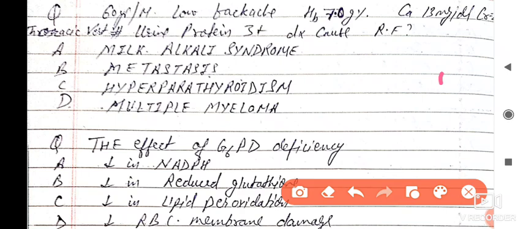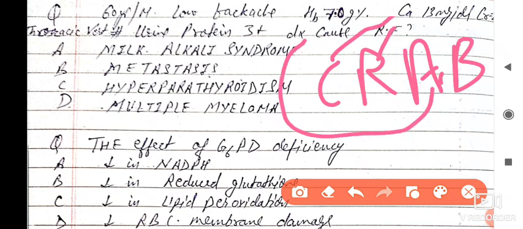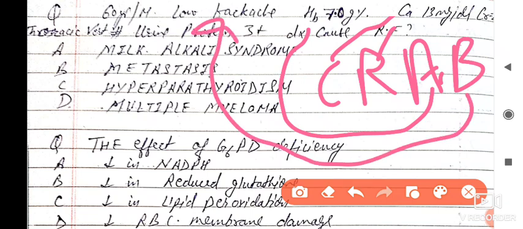So guys, this is absolutely a sign of CRAB. What is CRAB? C for hypercalcemia, so 13; R for renal failure; A for anemia, hemoglobin 7; and B for bone pain or backache, and here vertebral fracture, thoracic also. So the answer here is multiple myeloma.